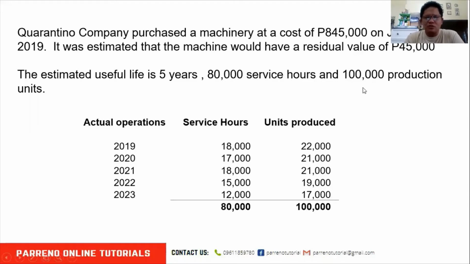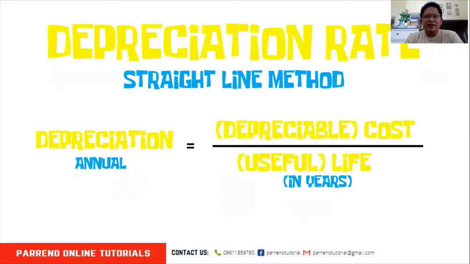So we will be using those three depreciation methods that we have learned just now. So you have here your operations, hours, and units produced. So first we will use the straight line method.